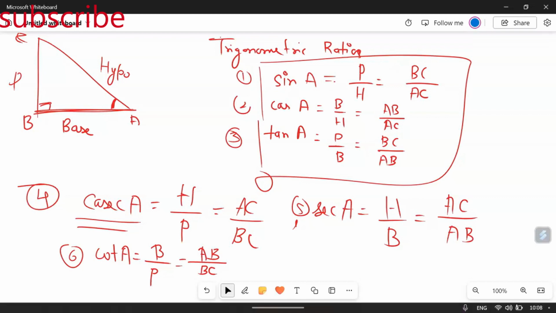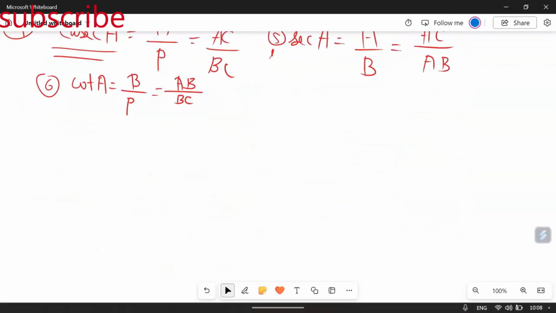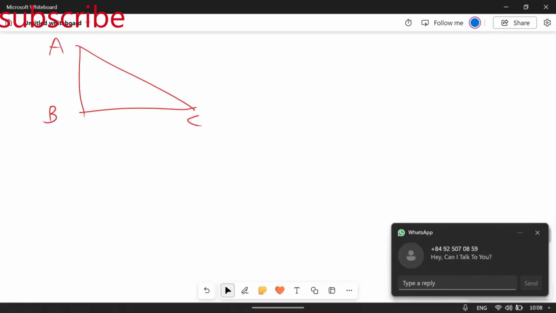But it is with respect to the angle A. If I am talking about angle C, the base will change, the perpendicular will change, but the hypotenuse will remain the same. Let me tell you how.